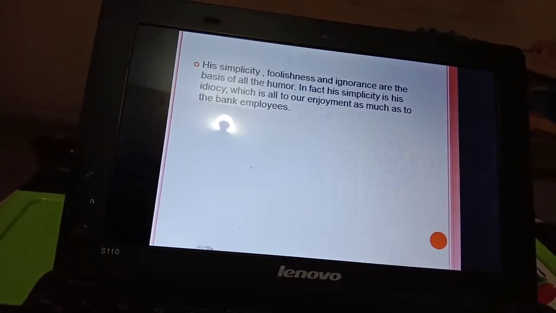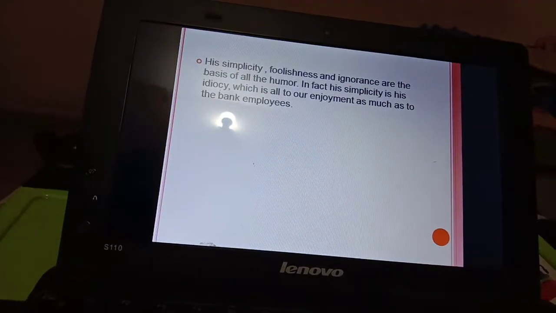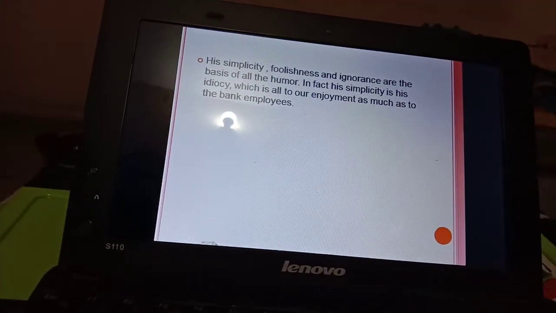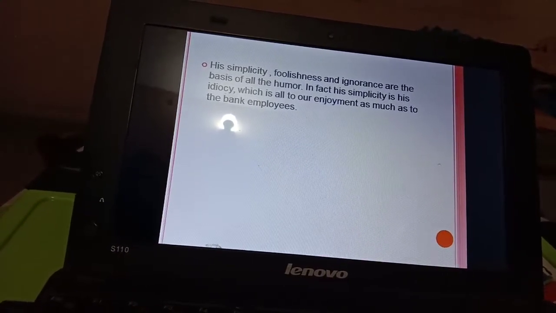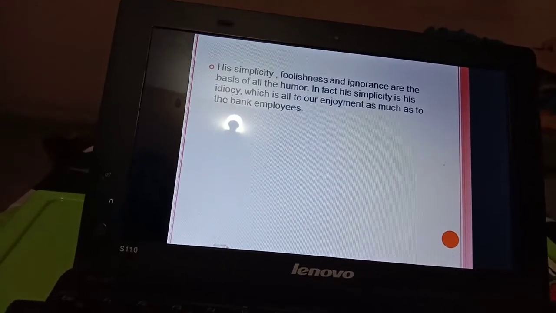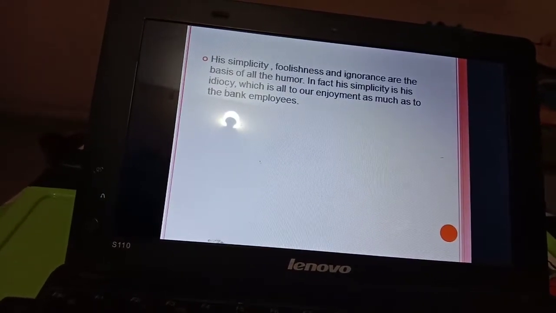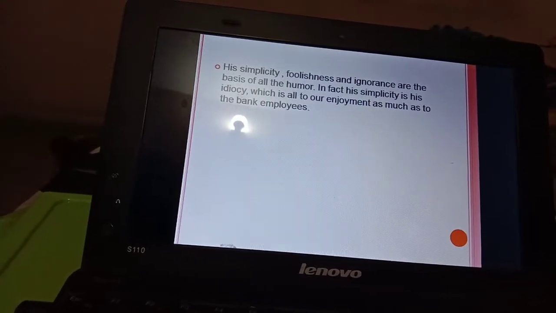Secondly, I want you to write a dialogue between two people. One person should be a cashier, another person wants to open a bank account. This would be an assignment with this lesson that you have to do, and you have to make sure the assignment is based on dialogue.